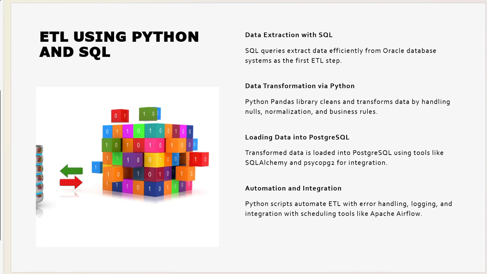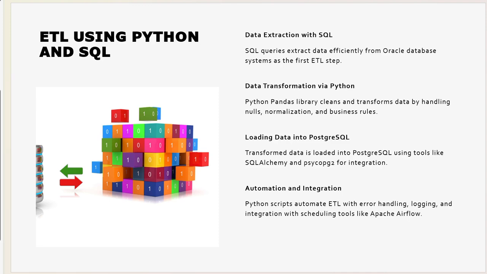A typical ETL example involves extracting data from an Oracle database, transforming it using Python, and loading it into a PostgreSQL database. So in the ETL process we use different databases where extraction and load will happen.